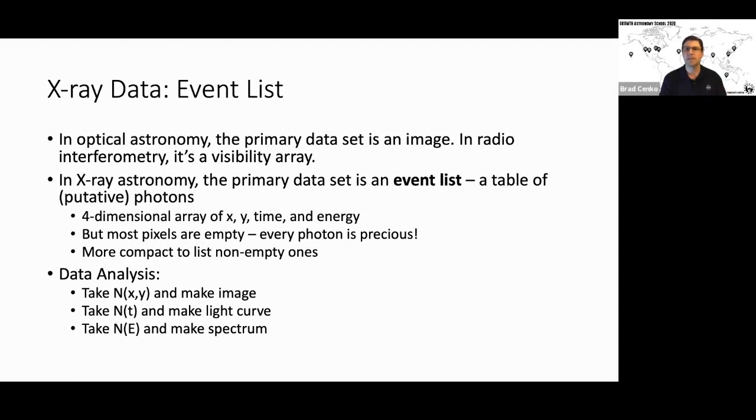Or if you want to make a spectrum and know how the flux of a source changes as a function of wavelength, specify X and Y, specify a given time range, and say, show me how many photons have different energies in this particular window of data space.